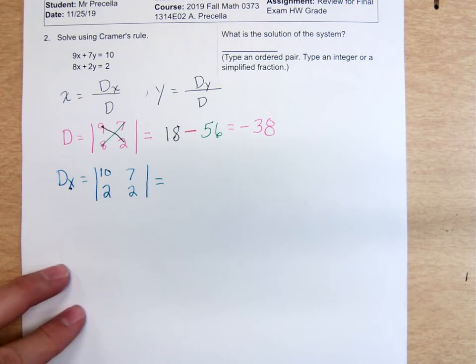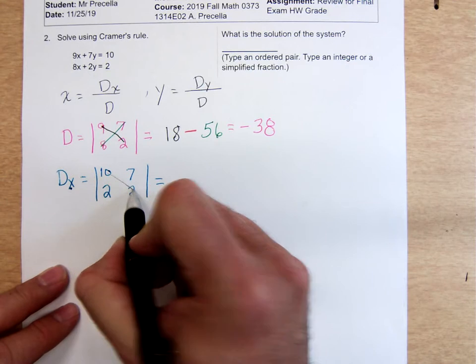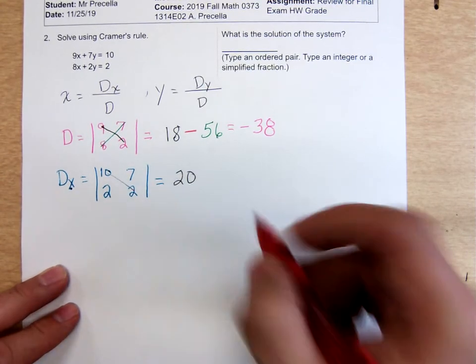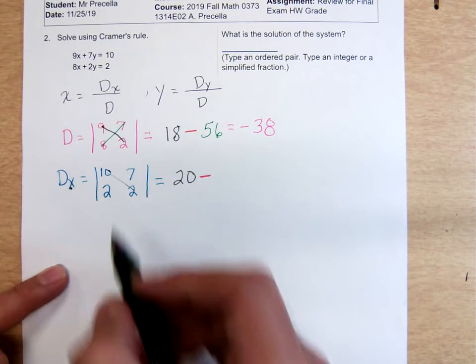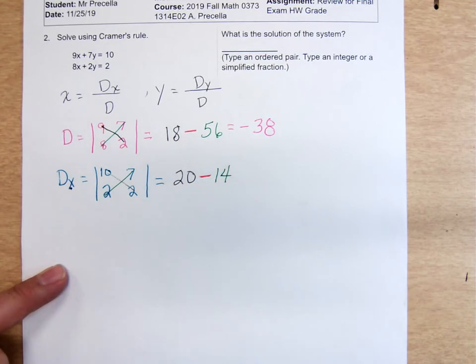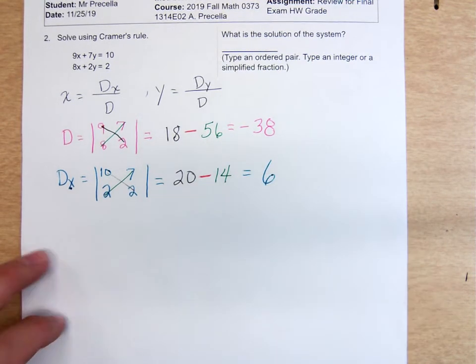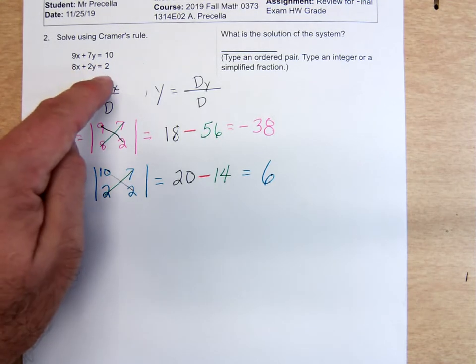So let's see. Be sure you start with the first number. We'd have a 20, then a minus, 14. So 20 minus 14, is that going to be a 6? So whatever the subscript is, that's the column that gets replaced with the constants.